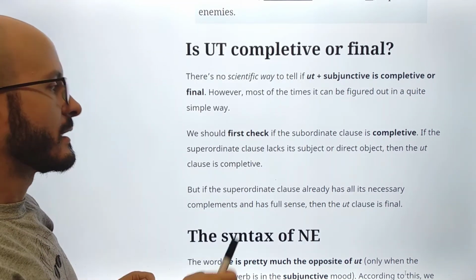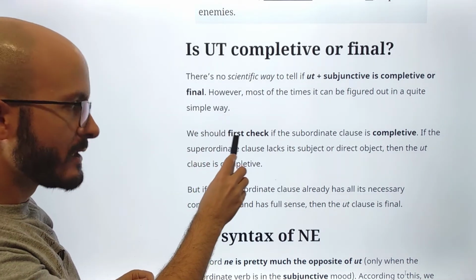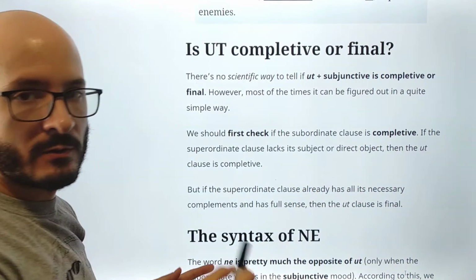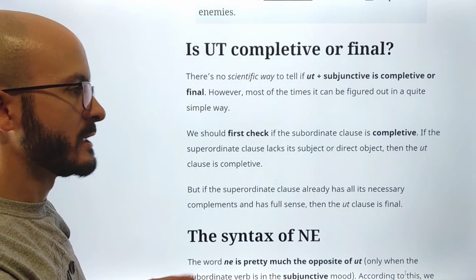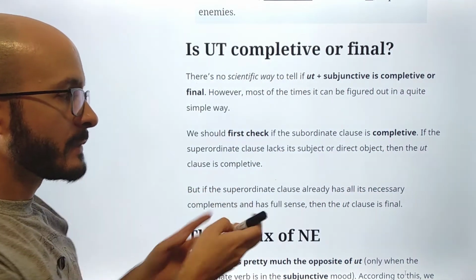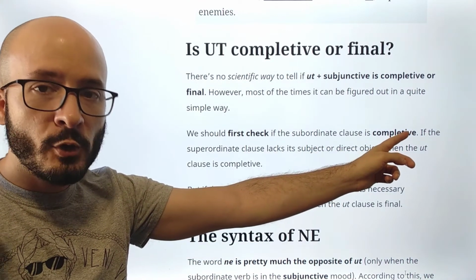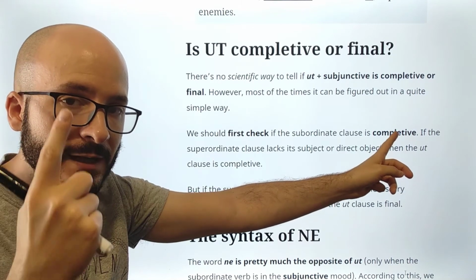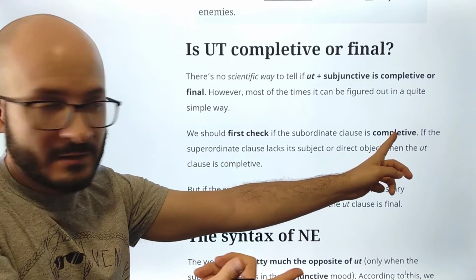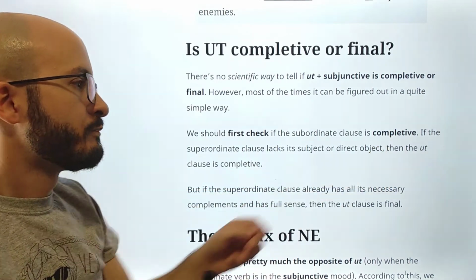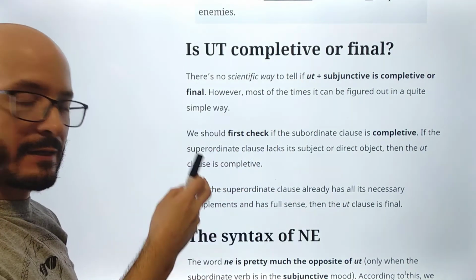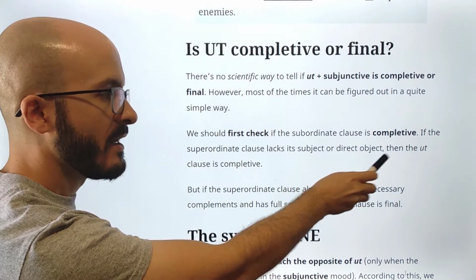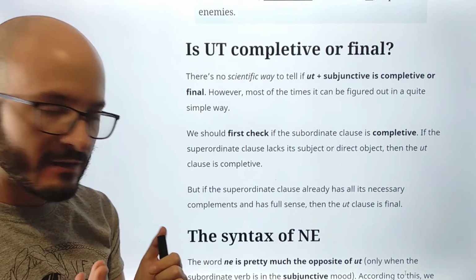So let's see. First, we should check if the subordinate clause is completive. So remember, subject or direct object. Remember that a completive subordinate clause is a clause which is necessary for the main clause to be complete. That's why it is completive. So if the superordinate, the main clause, lacks its subject or direct object, then the ut clause is completive.